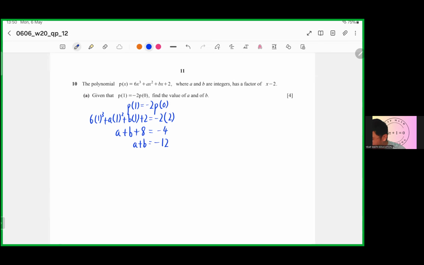And one more, we take p(2) equals 0 because of the factor.